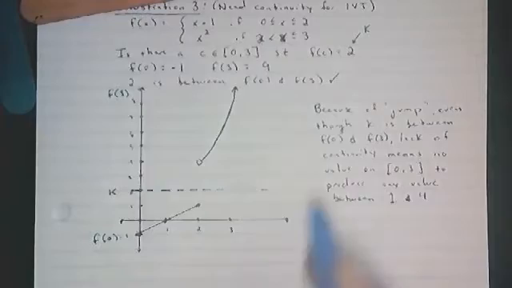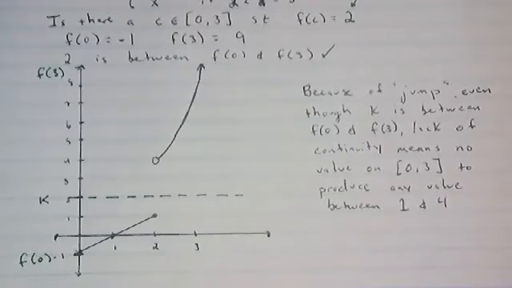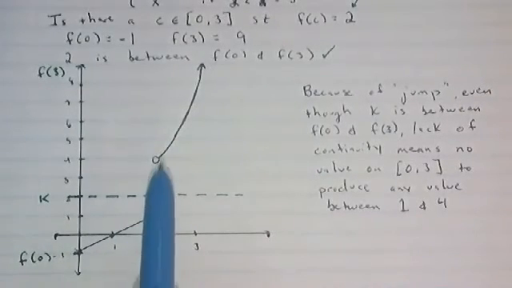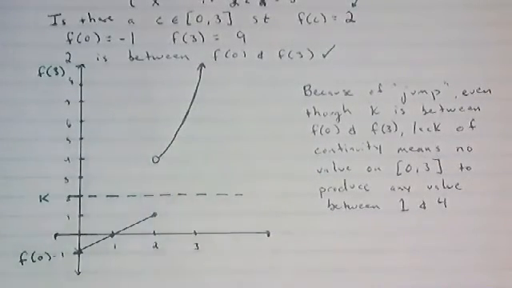The lack of continuity screwed us. K was appropriately chosen. If it had been continuous, we would have been golden.